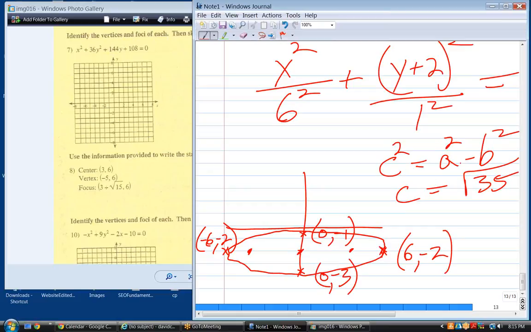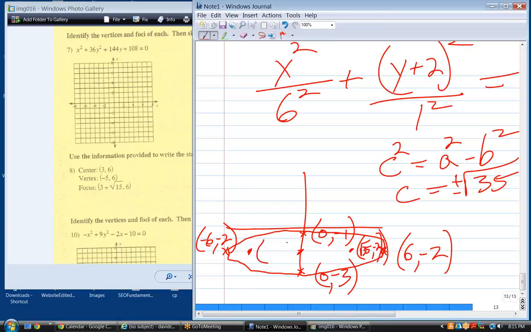Notice that when we solved this equation, we actually got plus or minus the square root of 35, right? In other words, when you take the square root of both sides, you get plus and minus. Well, that's why I've got two foci here. What is the coordinate of this focus? Plus root 35, comma, minus 2.